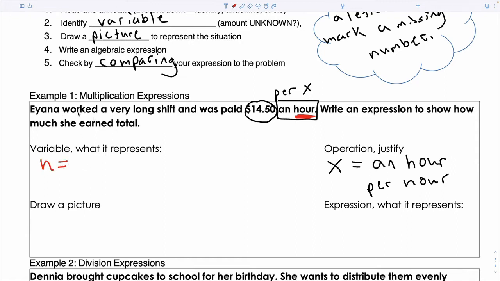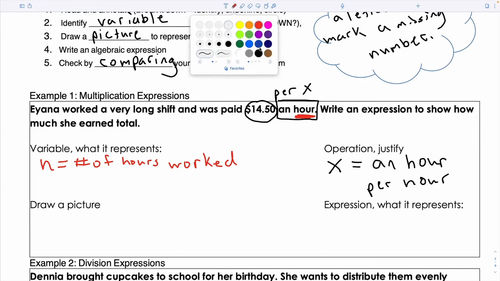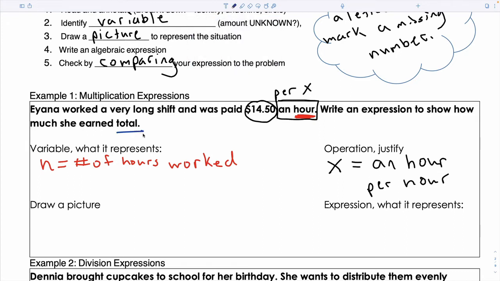I could see W for the hours worked as well. We also don't know something else. Justice, what's the last thing I don't know? Yeah, I don't know the total. So let's underline total. What variable do you want to use for that, Justice? T. And let's use a capital T. Total earned.